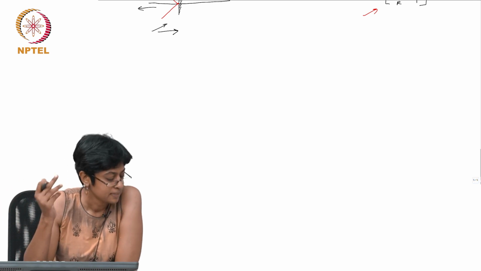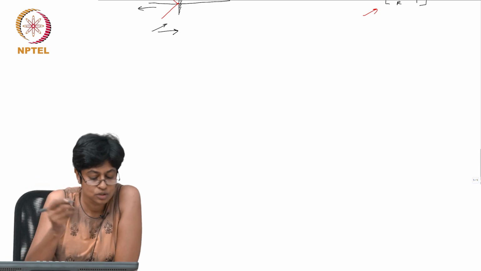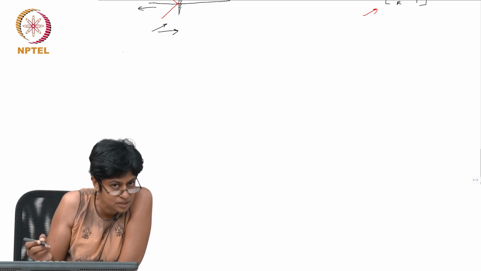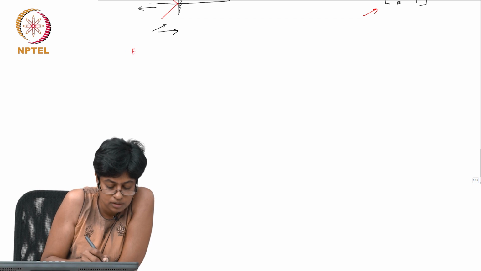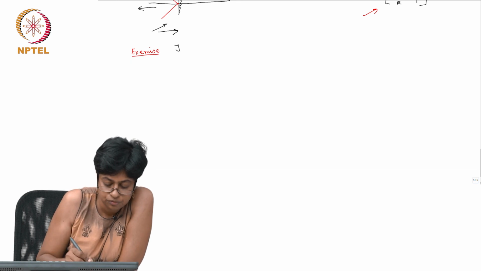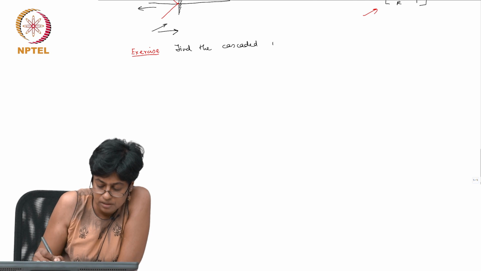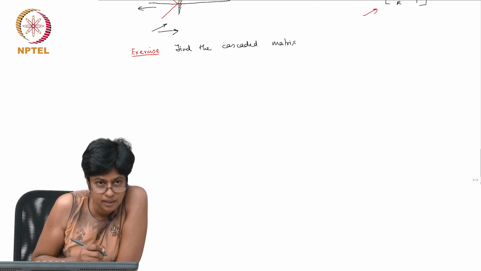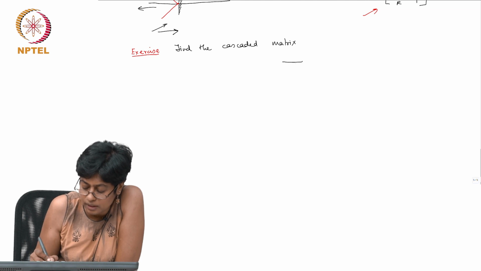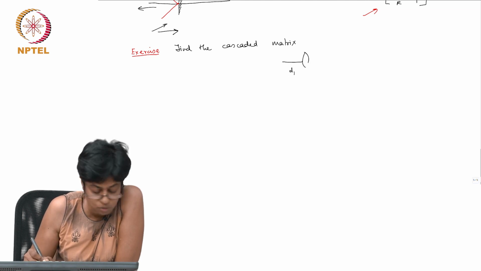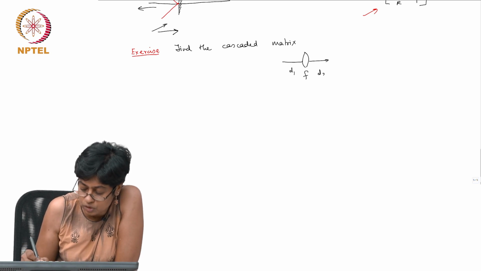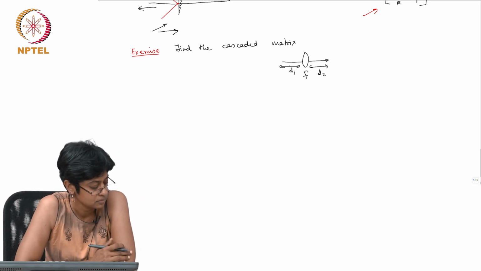Okay. So, the exercise I want you to carry out is to find the cascaded matrix for a ray that travels first through a distance d1, then through a lens of focal length f, and then through a distance d2. Okay.